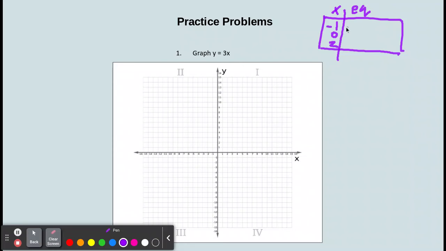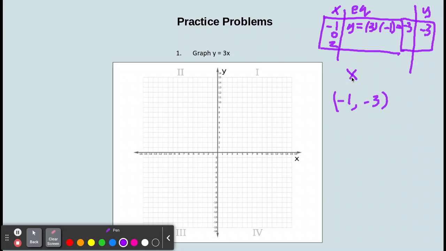So you would plug in negative 1 for x. So y equals 3 times negative 1, which ends up being negative 3. So then in this table here, our y value is negative 3. So our ordered pair is going to be negative 1 comma negative 3, remembering that it goes x comma y, right?